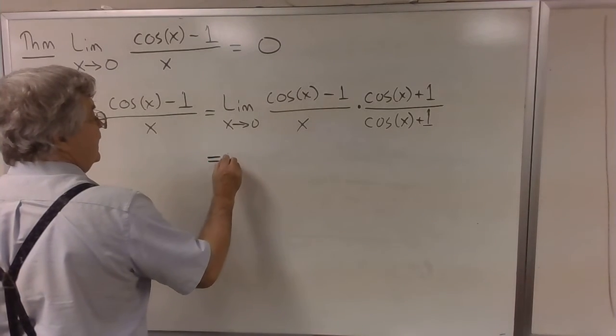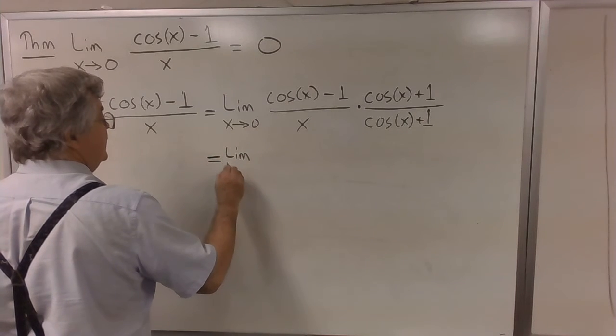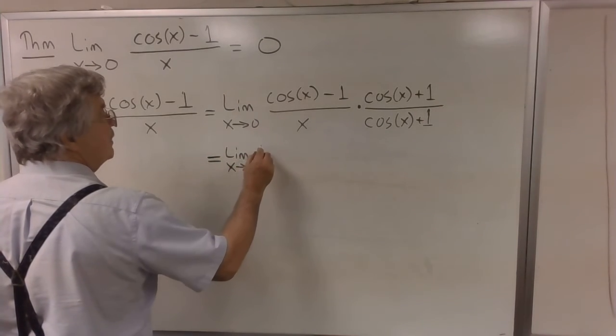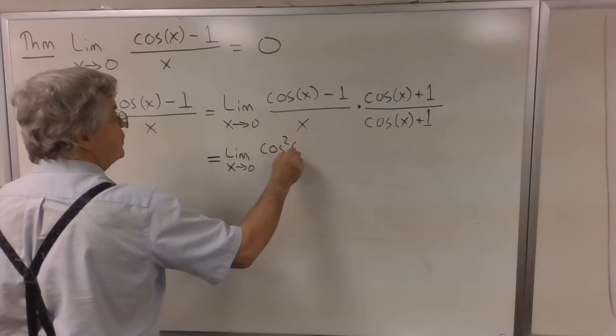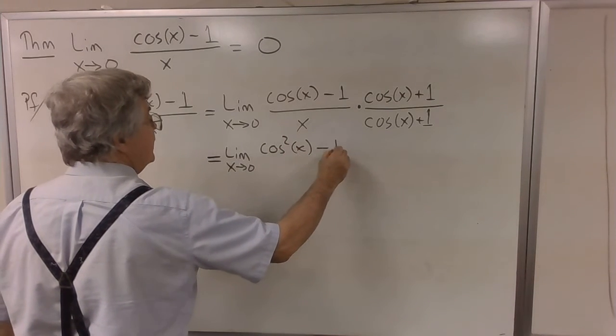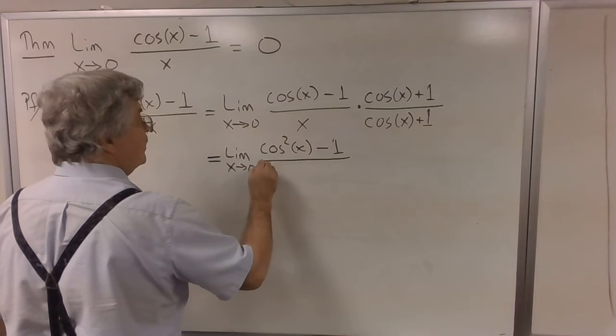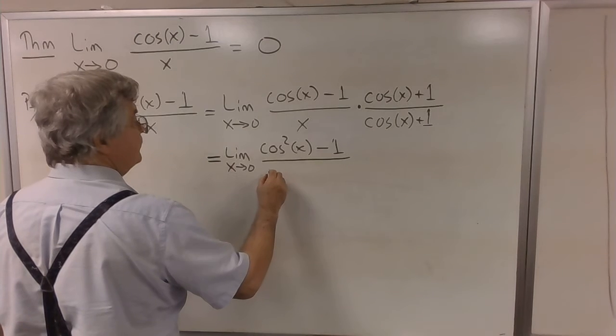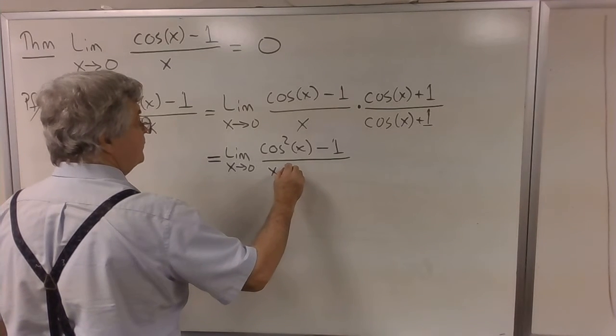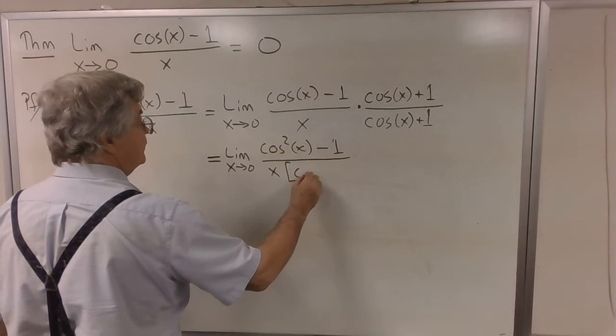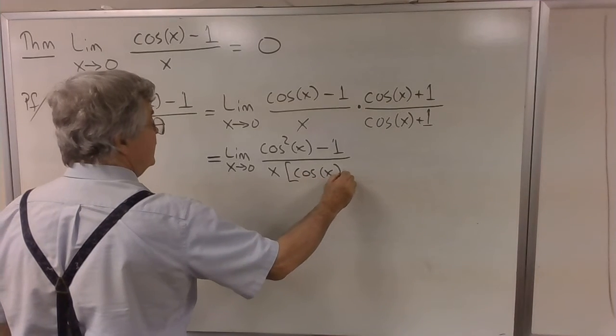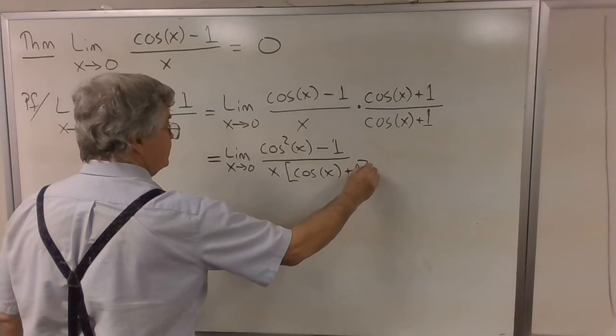And let's see, what is that? Limit as x goes to 0 of cosine squared x minus 1 all over x times cosine of x plus 1.